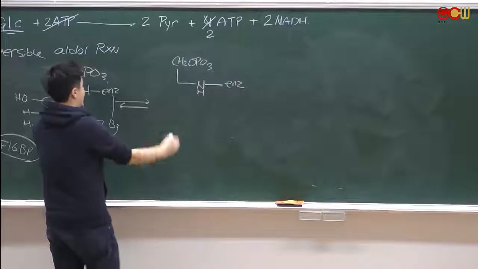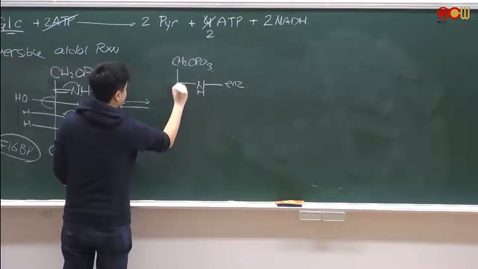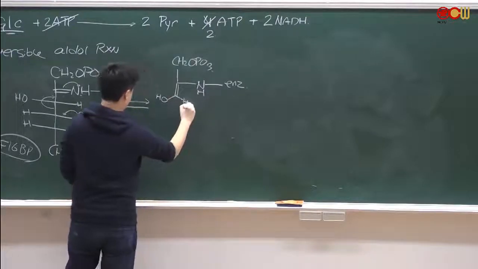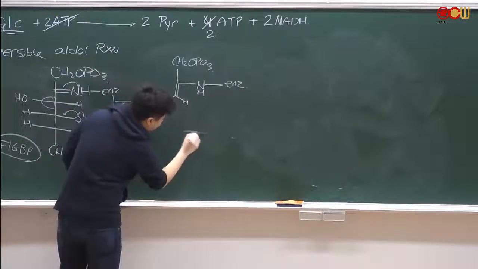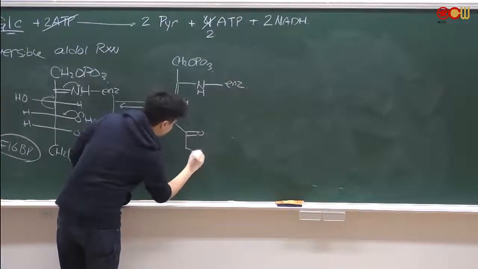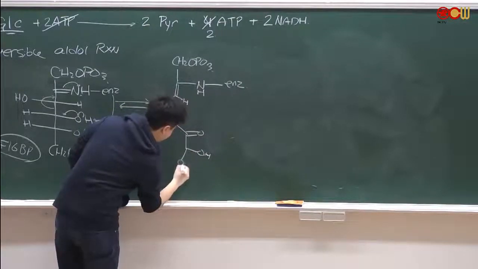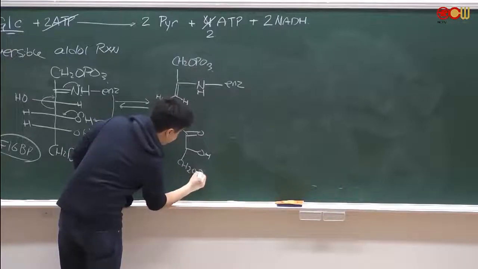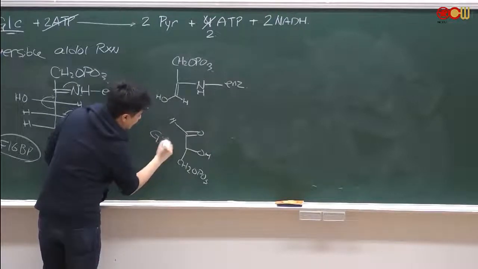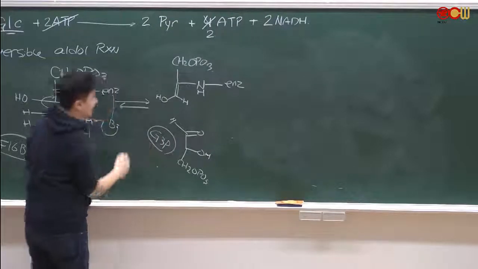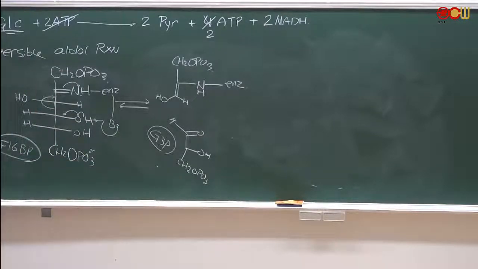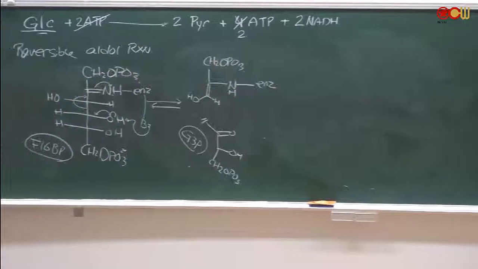Now this guy becomes double bond OH, and this one is already glyceraldehyde 3-phosphate. Glyceraldehyde 3-phosphate is already the direct product when you do the bond breaking mechanism.